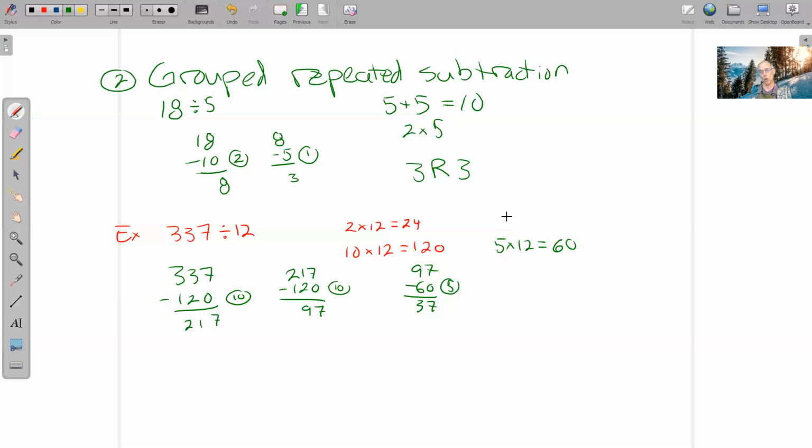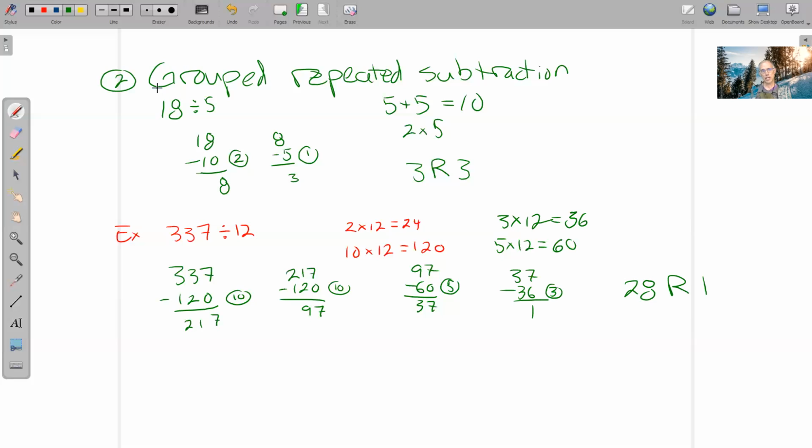Or they might remember, oh, I remember 3 times 12 is 36. And so I could take that 37 and remove 36, which is 3 12s. That leaves 1. So what do we get? 10, 25, 28. So it looks like the answer is 28, remainder 1.